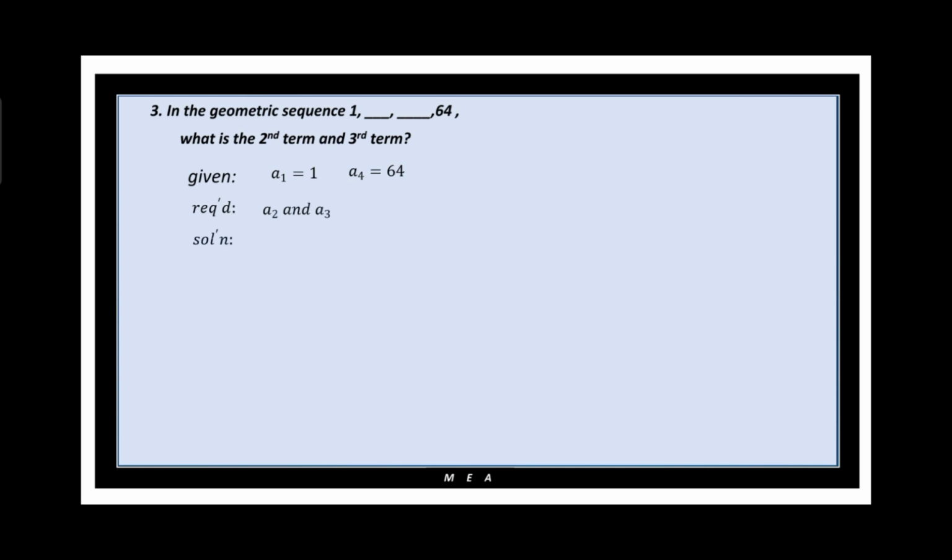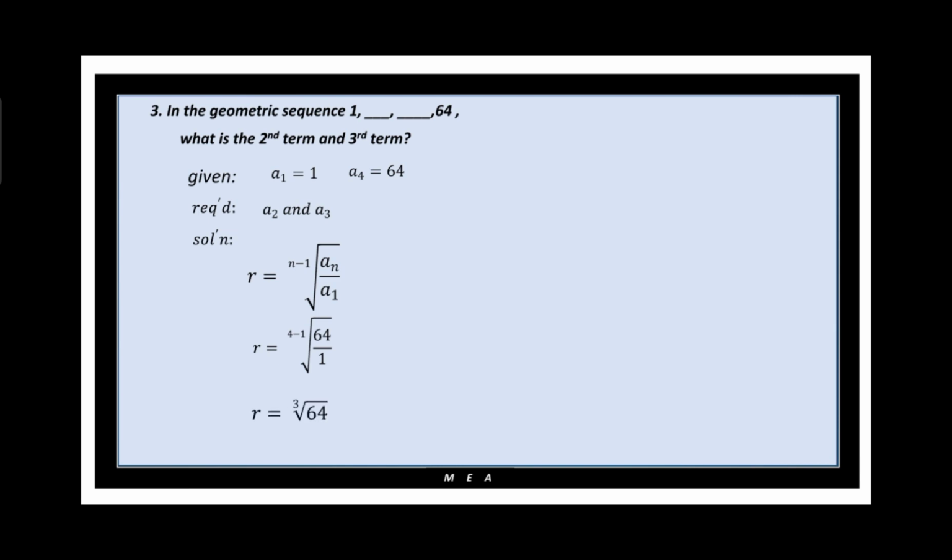So solution, using the formula that we derived before, yung R is equal to the n minus 1 root of A sub n over A sub 1. Substitute natin given values. So ang n natin dito will be 4. So R now is equal to 4 minus 1 root of 64 divided by 1. 64 divided by 1 is 64.